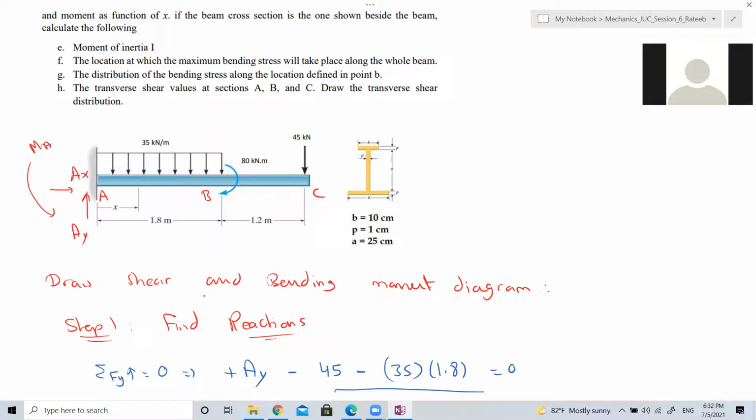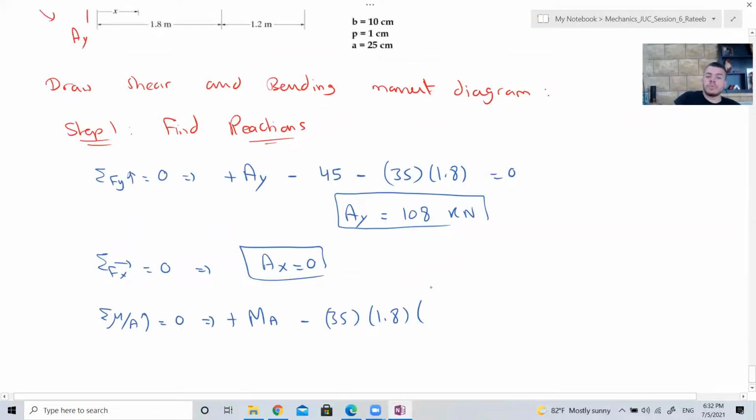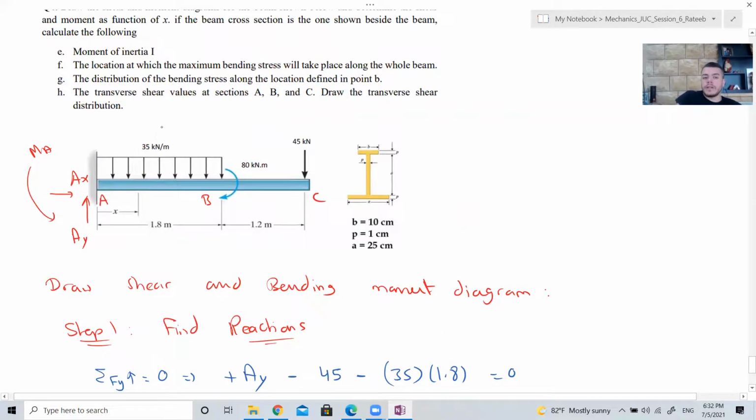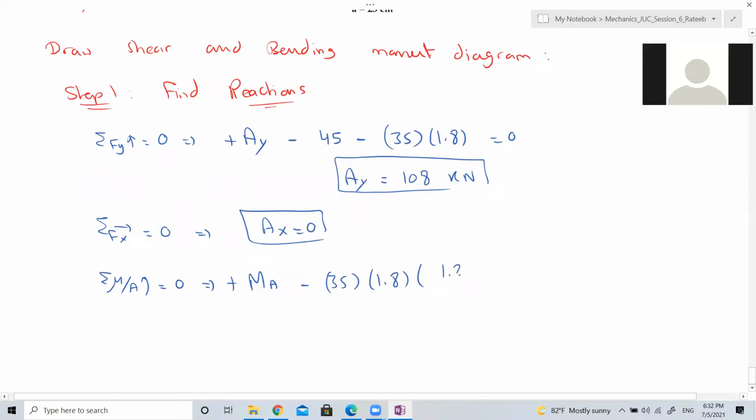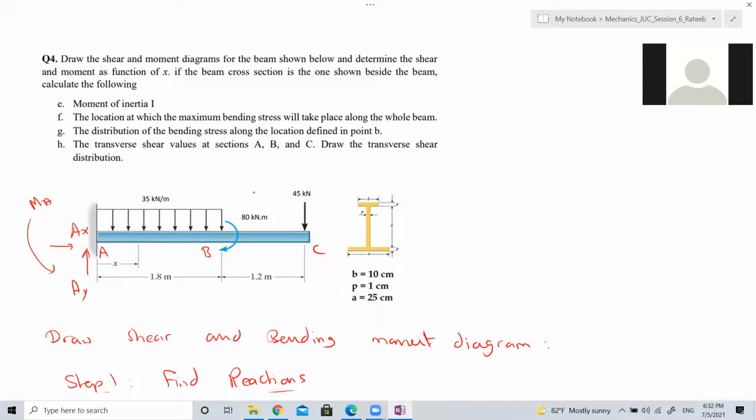We have this distributed load, we find its resultant. So minus 35 times 1.8 times what? 35 times 1.8 gives you the resultant, times what? We divide by 2, the 1.8 divided by 2. What about this? 45.